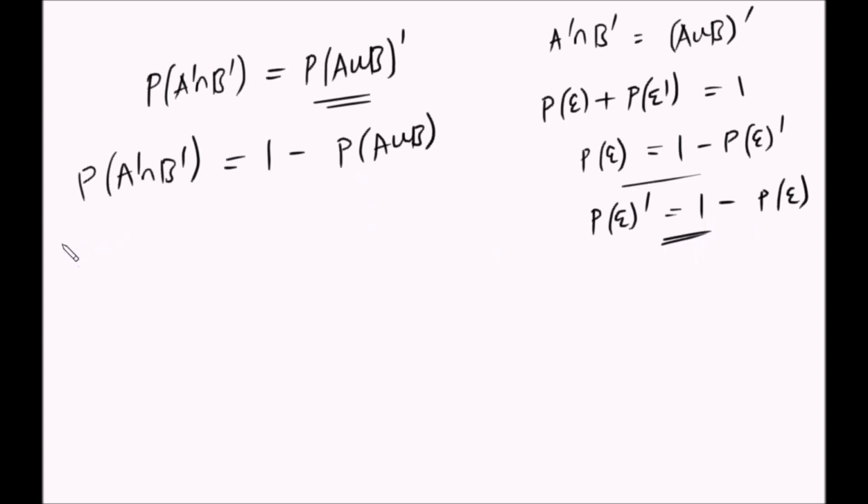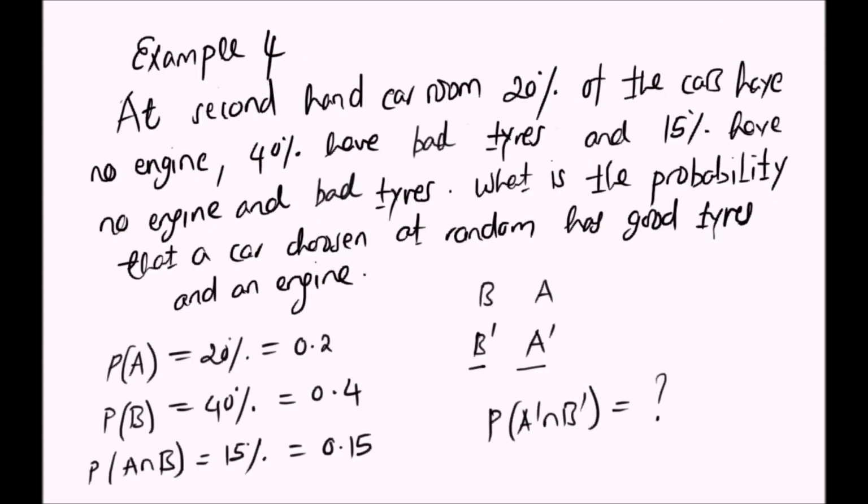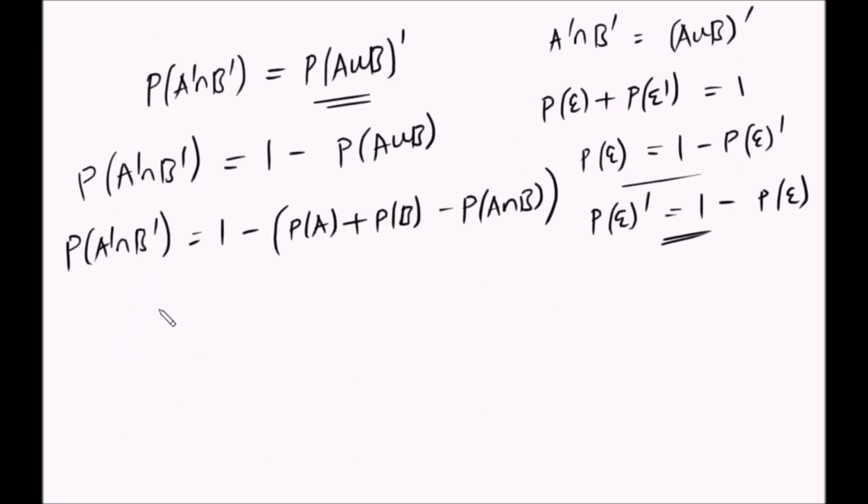Lakini sasa probability of A union B ni nini? Tulisema ni sawa na probability of A plus probability of B minus probability of A intersection B, ambazo you can see kwa kusoma swali letu tunazo: probability of A ni 0.2, probability of B ni 0.4 na probability of A intersection B ni 0.15. So hii itakuwa ni sawa na 1 minus 0.2 plus 0.4 minus 0.15.